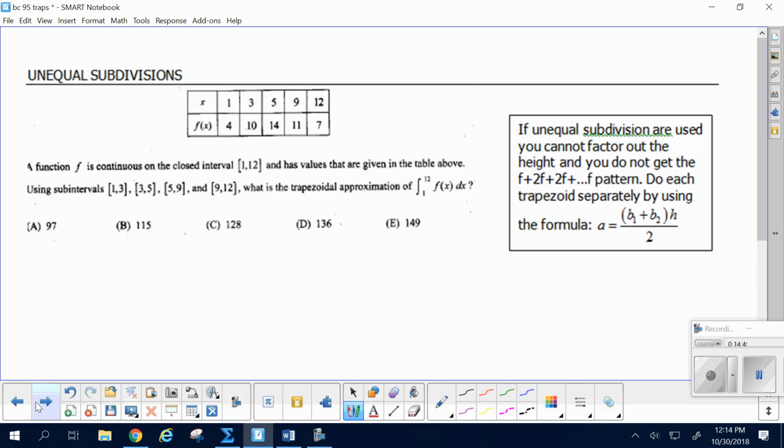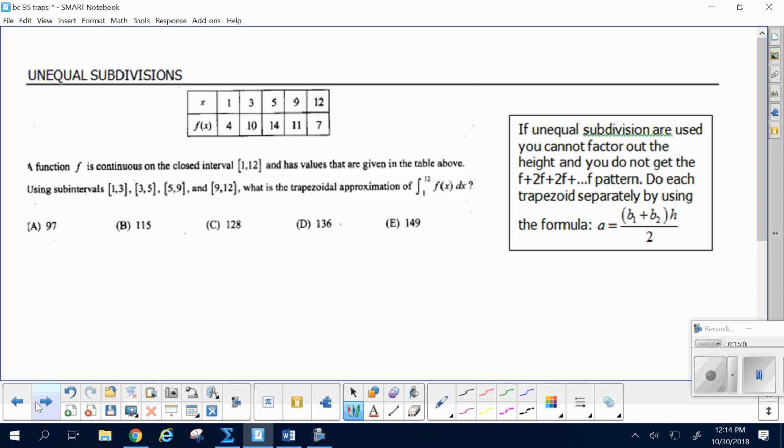All right, as is then often the case, unequal subdivisions. Depending on the problem, you might get unequal subdivisions. That could happen for a lot of different reasons. First of all, if you're collecting data, you might not collect it at perfectly equal time intervals.